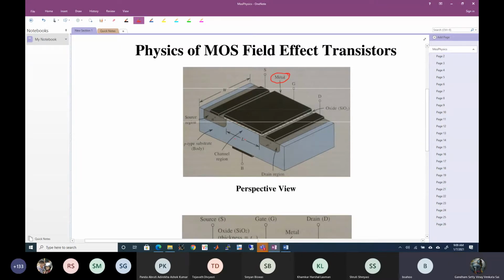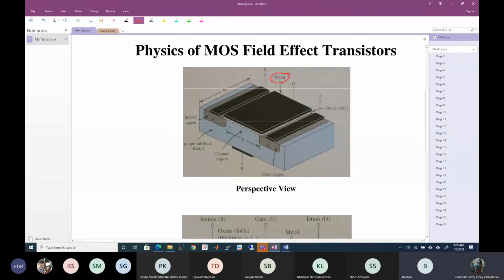I'm sure you're familiar with this. What is the notation of plus? Plus means more doping, more concentration of dopants in there so that the majority carriers are good enough. P substrate is denoted as just P type. P plus means a concentration at least an order of magnitude more.